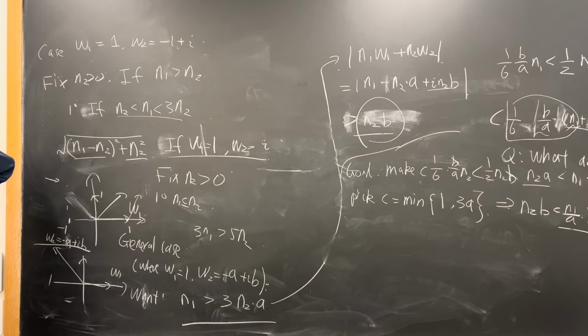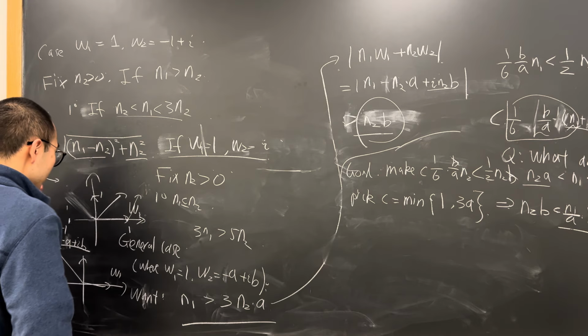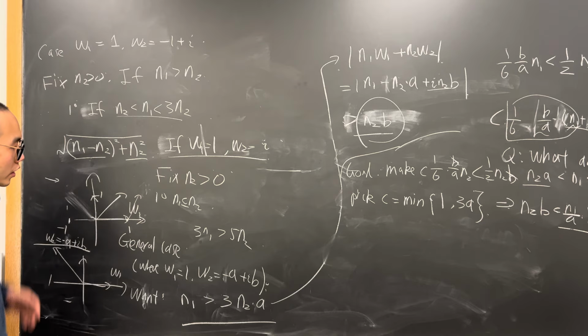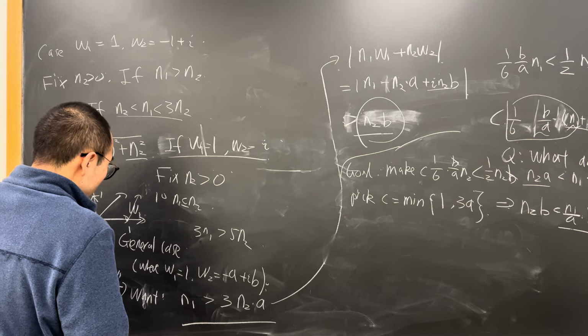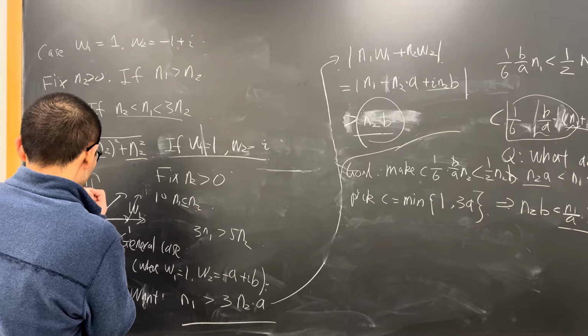How do we really find the lower bound in this case, if this n1 is less than or equal to n2?